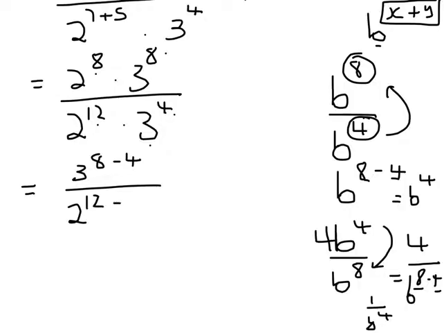You will need to minus that 8, because 8 is the smaller exponent. You therefore end up having 3 to the exponent of, what is 8 minus 4? Definitely that is 4, over what is 2 to the exponent of 12 minus 8. Is it 4? I think it is 4.